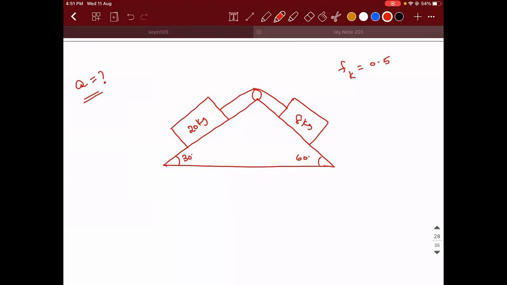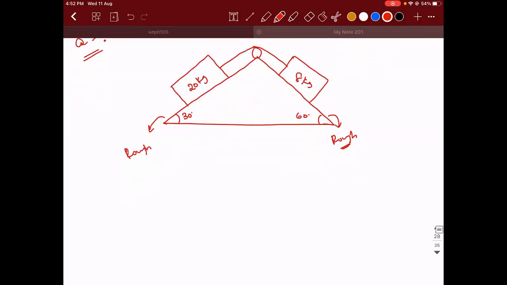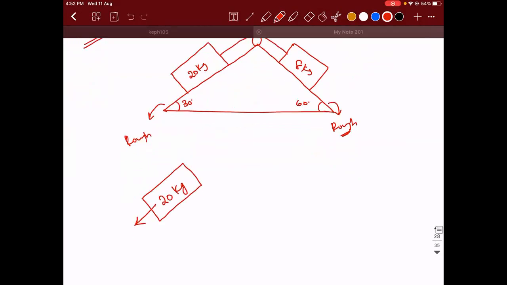How to do that? So let's say both the sides are rough. This side is rough and this side is also rough. How to do, guys? If I take the 20 kilogram block, tell me what are all the forces acting on it. There will be a force mg sin theta.